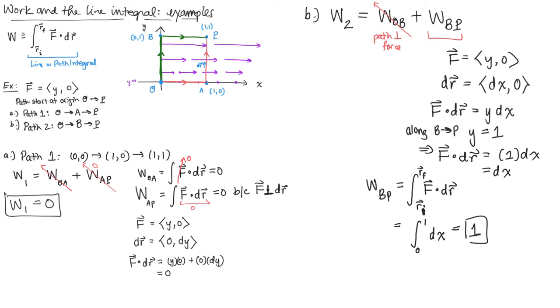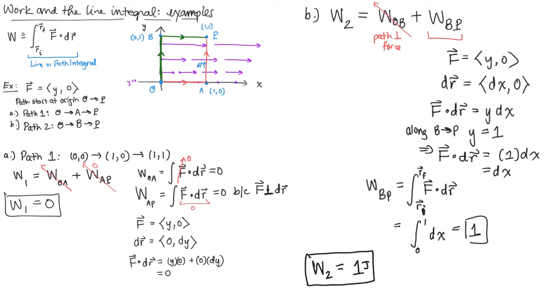So this tells us that the work done along path 2 is simply 1 unit, 1 joule. The unit of energy here is the joule. A force has units of force times distance.